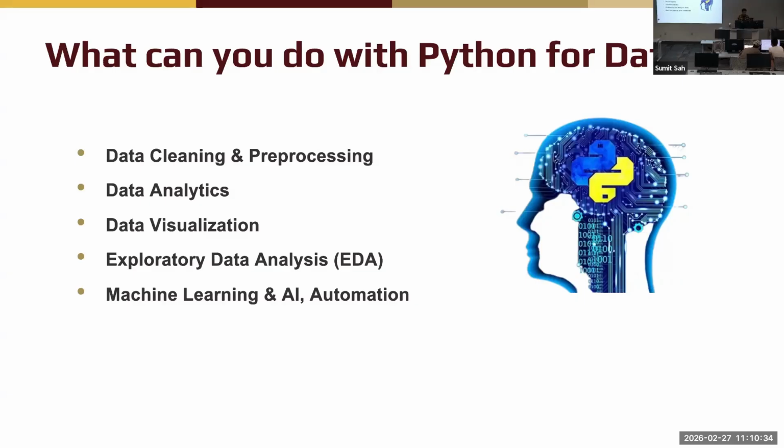And exploratory data analysis helps understand patterns and relationships in your data. If you want to go further, Python opens the door to machine learning, AI, and even heavy automation tasks. The possibilities go way beyond what we will cover in this workshop series. It can power entire AI systems, and so much more. But for this workshop, we will just focus on the essentials to get you started.